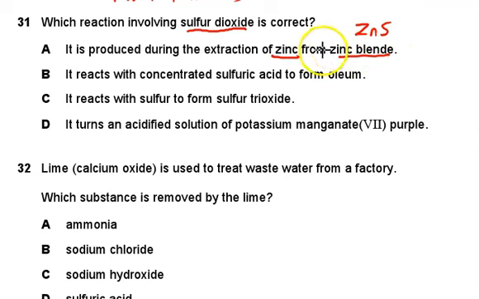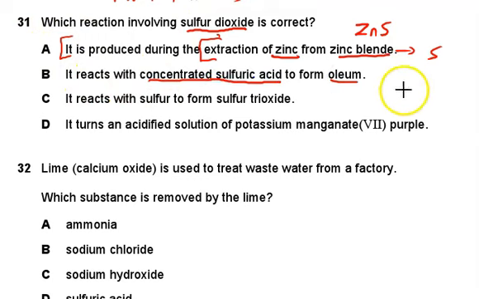But the thing here is, during the extraction of zinc, it only produces sulfur and not sulfur dioxide. Okay, so this one we just keep on hold. It reacts with concentrated sulfuric acid to form oleum. Yes, this is correct.